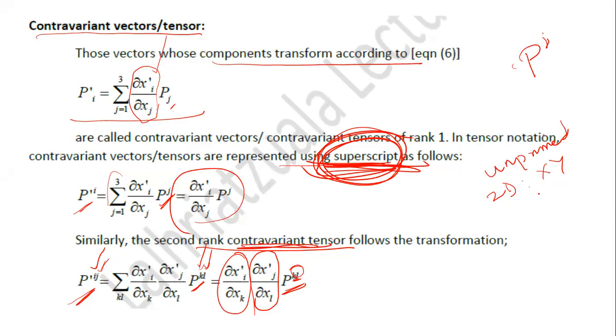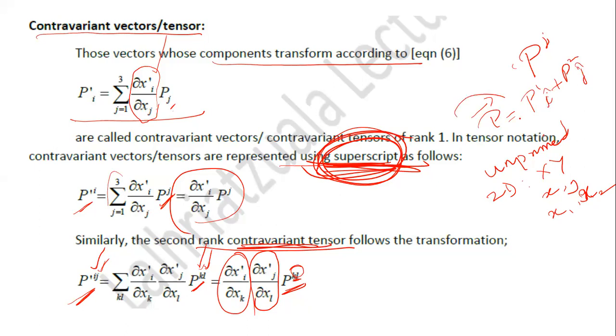In this XY system, the coordinate variables are X and Y, or in tensor notation, X1, X2. Now, this same quantity, the velocity vector, has components P1 i cap plus P2 j cap in the unprimed coordinate system.